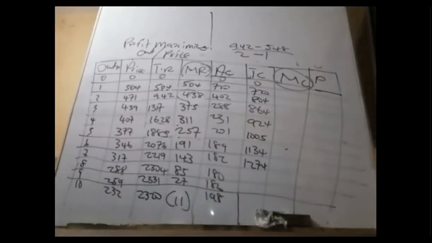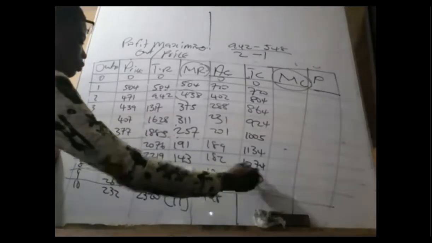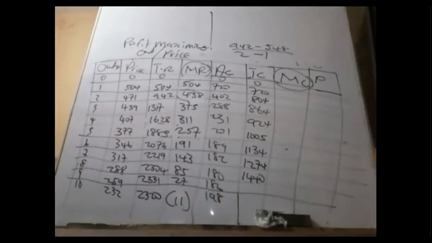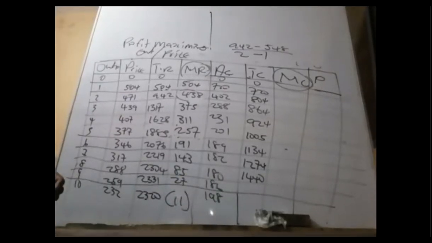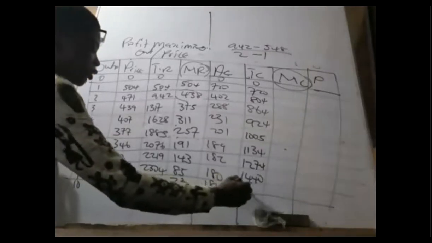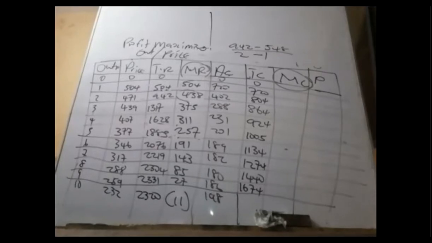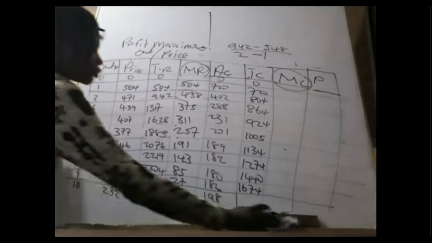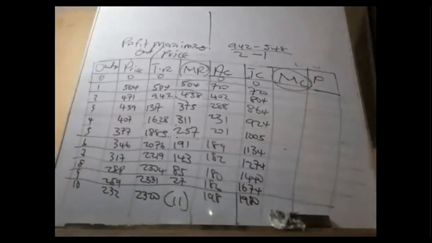I also take that. Wow. 1440, I'll take that. Then I'll take 1674. Then finally, I'll take 1980. So 1980. We are done.